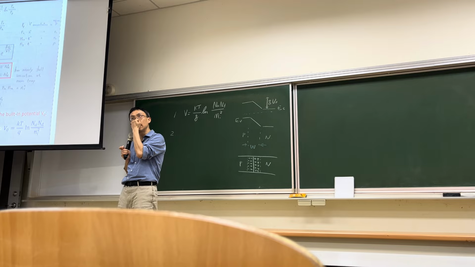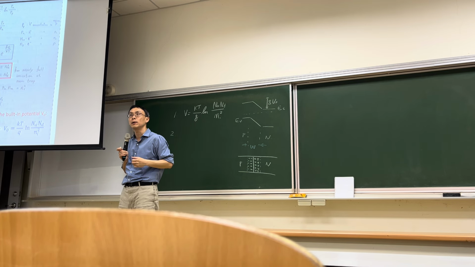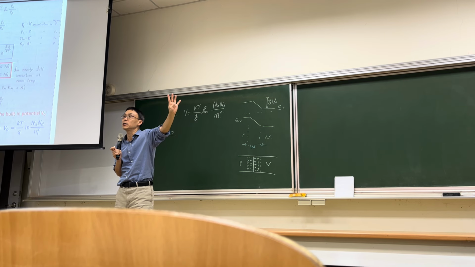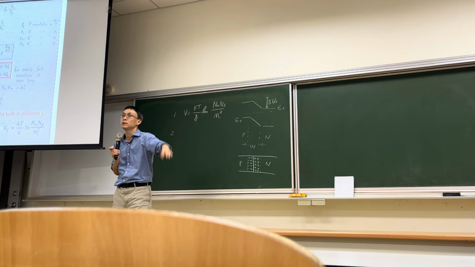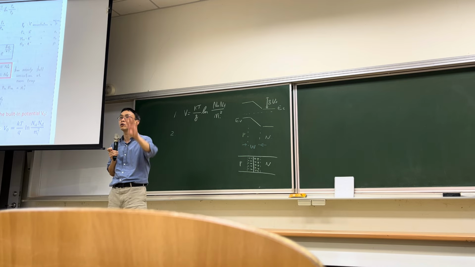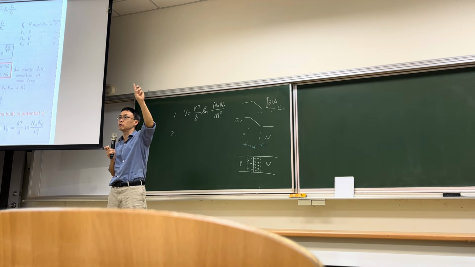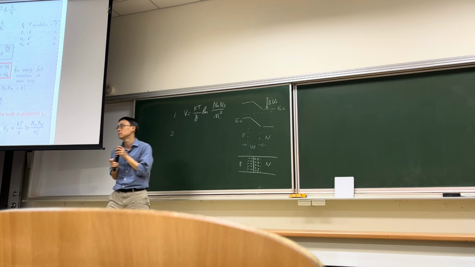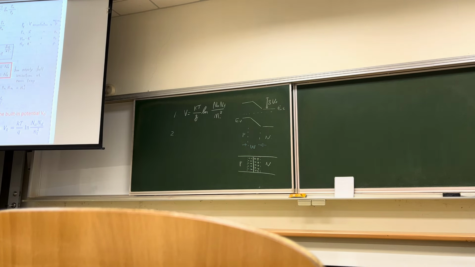And I hope you still remember the only 4 charges that you can find in the PN junction. What are the 4 charges? Anybody can tell me, remember? 4 charges, 2 of them are positive, 2 of them are negative, and 2 of them are movable, 2 of them are not movable. You remember the 4?